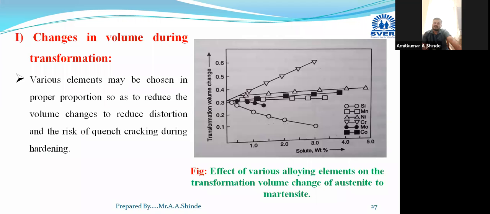Then you have to understand the volume changes after addition of these alloying elements to control the distortion and cracking during the hardening process. So these are the generalized effects of alloying elements when they are added into the steel.